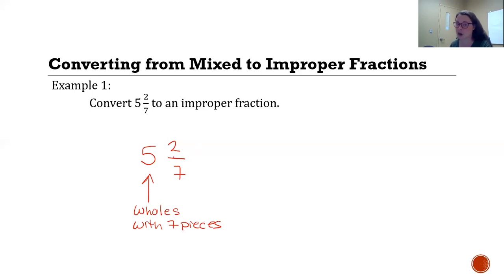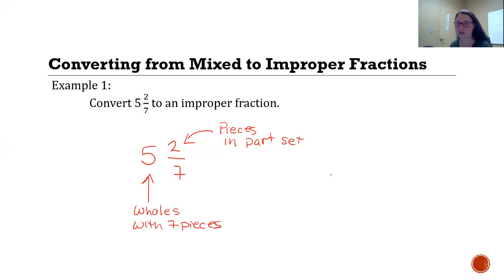The fraction part is the pieces in the part set. So in the context of beer, we have 5 whole cases. Each case has 7 cans. That's what this bottom number, the denominator, tells me. But we also have the fraction part: the numerator of the fraction tells me I have 2 cans in a part case.